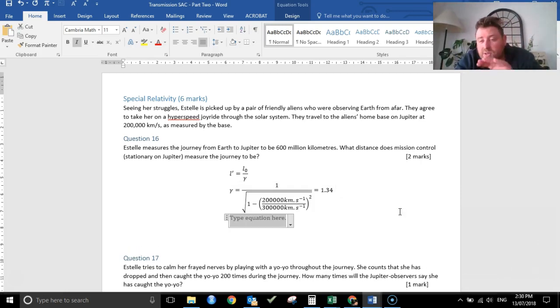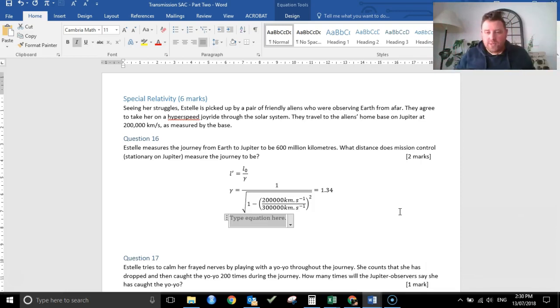We have to work out who's the proper observer here. Well, the proper observer's length is, well, my personal test for it is who can take their sweet time to do the measurement, right? So if we think about Estelle, she's on Earth, Earth blows past that way, and then Jupiter's coming at her, and Jupiter comes here, and then she goes, oh, the distance is between there and there.